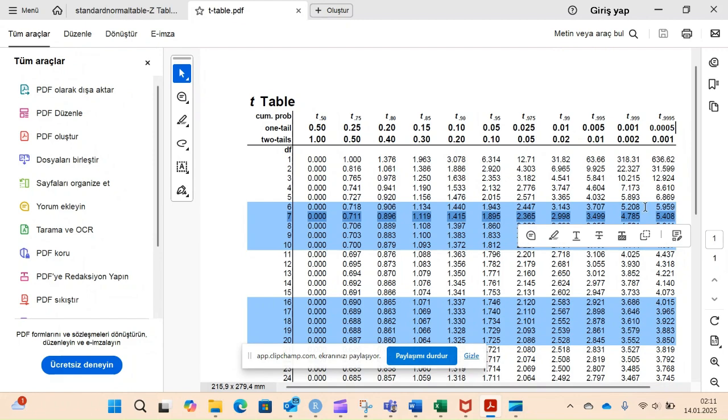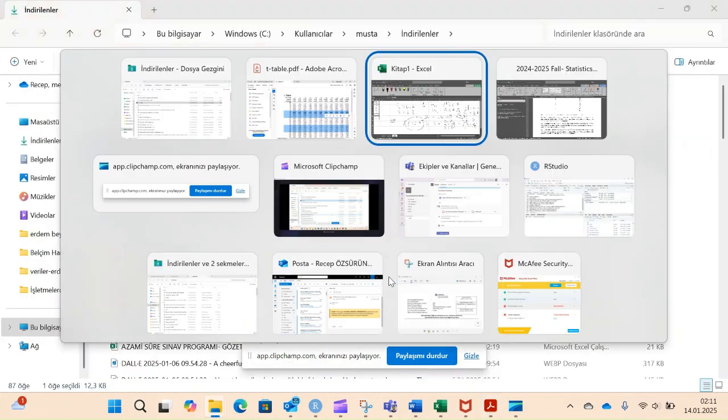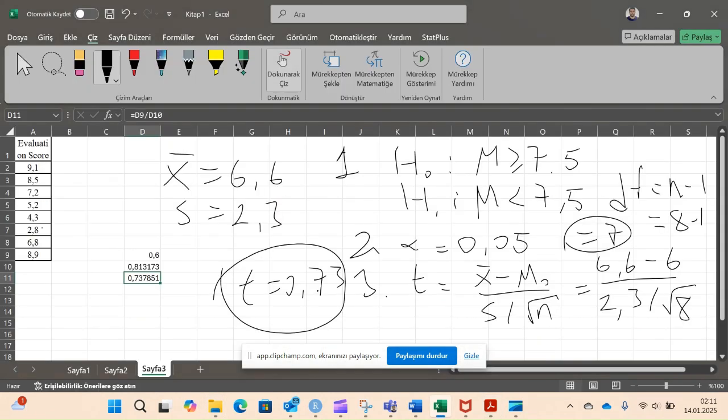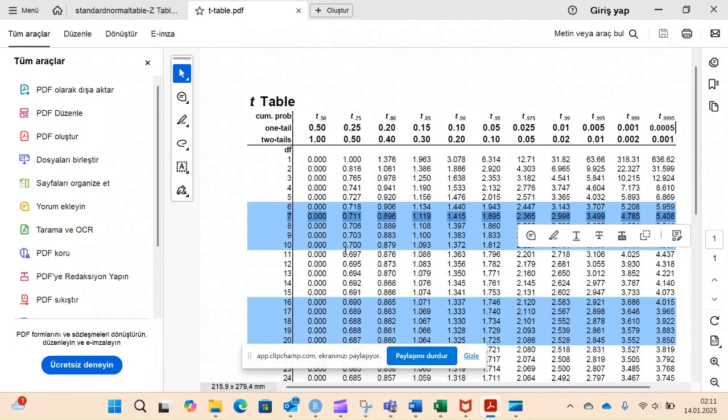As the result is 0.73, I will come to the table and find 0.73, between 0.71 and 0.89.